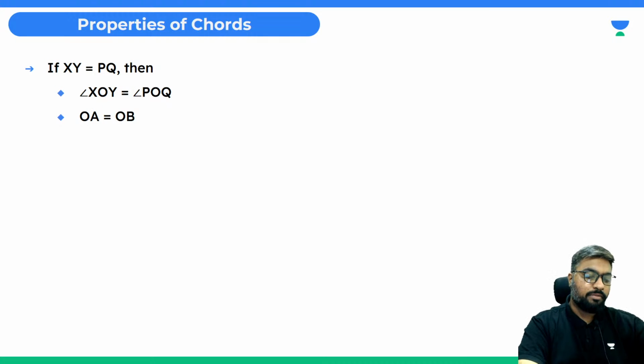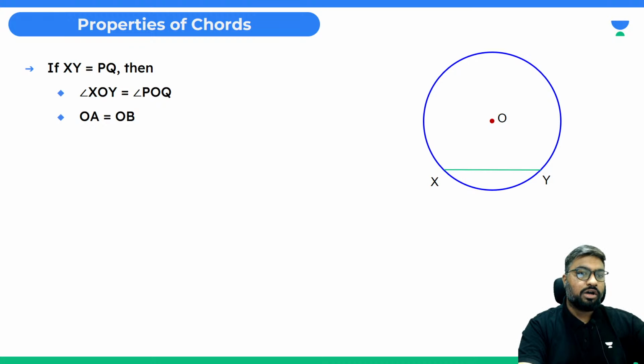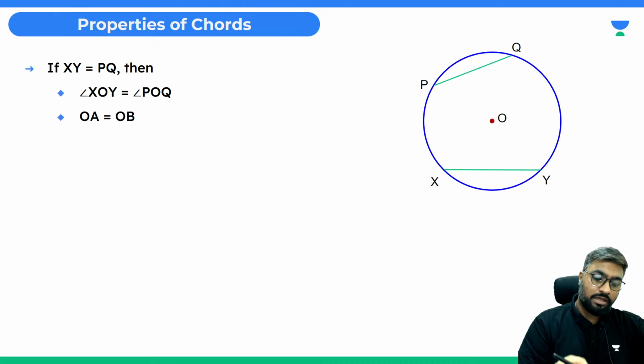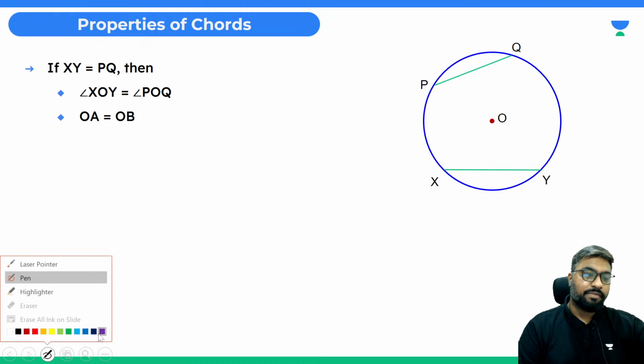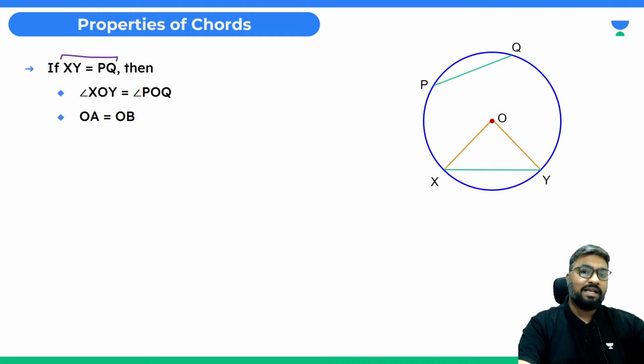Now we are going to talk about chords. Some more properties of chords. The first property of a chord: if there are two chords XY and PQ, and the lengths of XY and PQ are equal, then the angles they subtend at the center will also be equal.